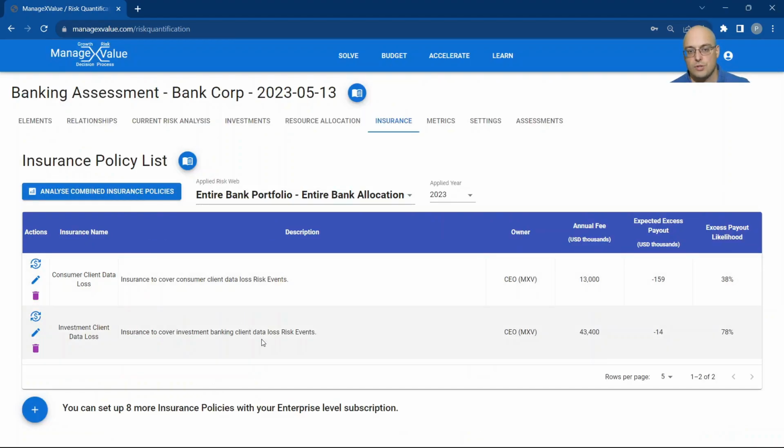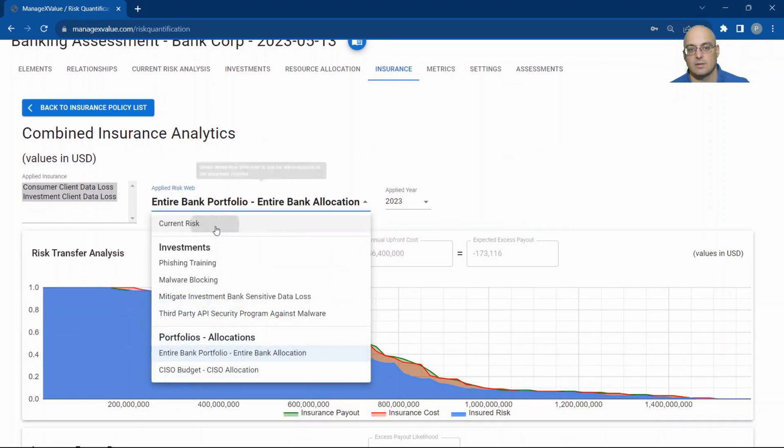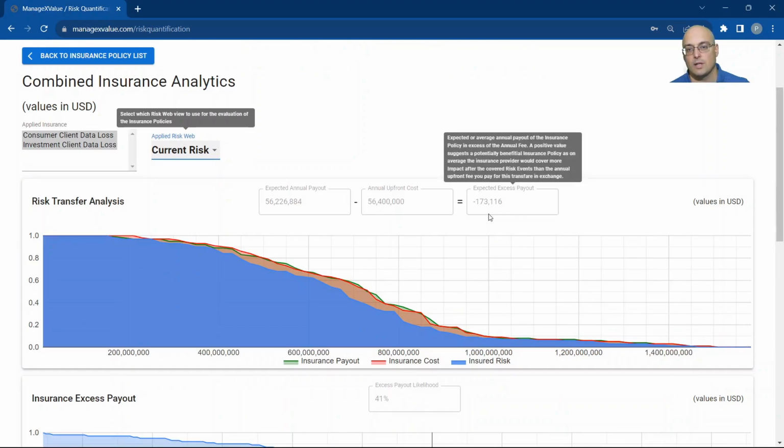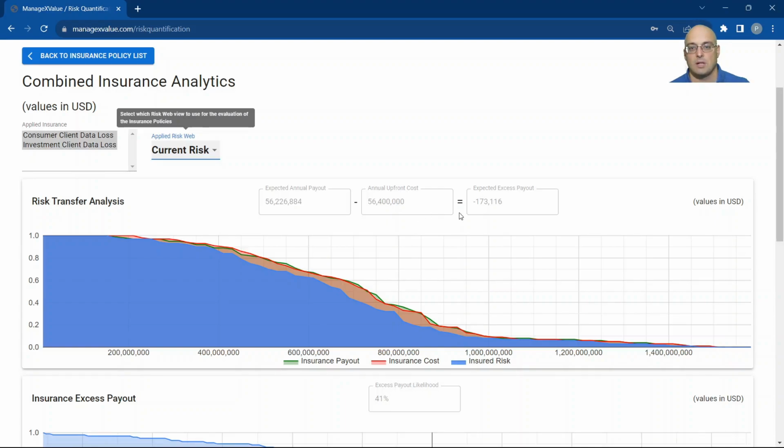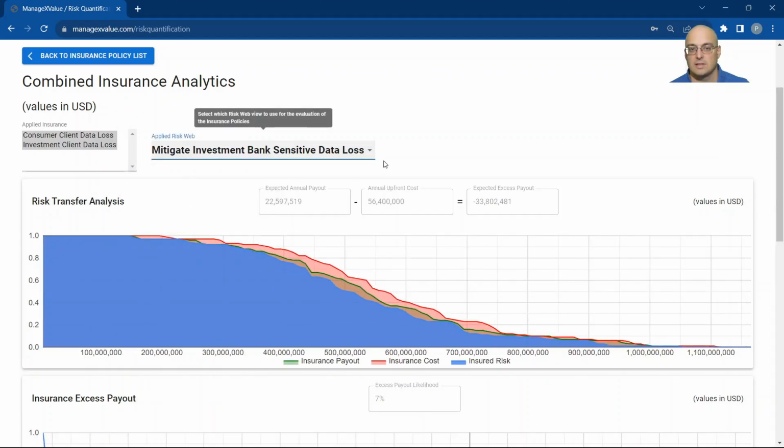Of course, once you define multiple insurance policies, it is possible to combine and evaluate them together. So in that case, looking at the current risk, what is the overall payout and the expected payout relative to the annual cost of those combined insurance policies, therefore to what extent all the insurance policies actually provide an opportunity for risk transfer, or if any of the investments are executed similar to the previous one, then you can analyze how that changes the risk transfer analysis.